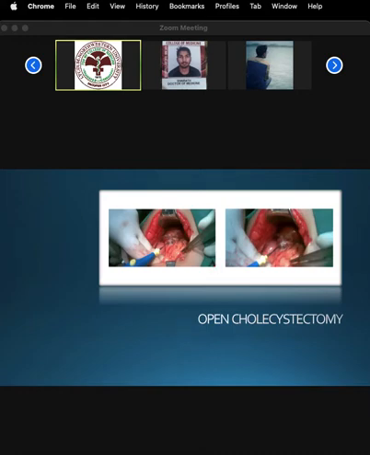When we say retrograde cholecystectomy, we start with the fundus, going down to the cystic artery and the cystic duct. So here we're doing a retrograde cholecystectomy starting with the fundus.